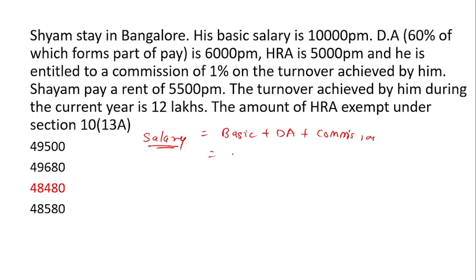Basic is 10,000 per month, plus DA. Here you see that is 6,000 per month. So 6,000, how much? That is 60%. Then commission 1%.